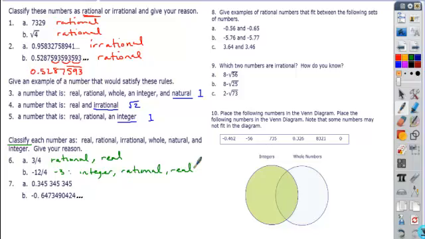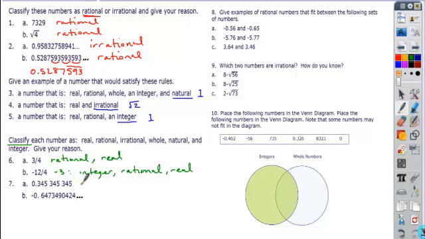All right, number 7. When you look at number 7, it looks like it has a repeating set of numbers, right? 3, 4, 5, 3, 4, 5, 3, 4, 5. But is there a dot, dot, dot? Is there a bar on top? No. So in this case, this isn't a repeating number. It's a terminating decimal.